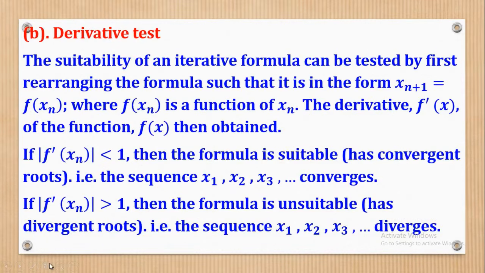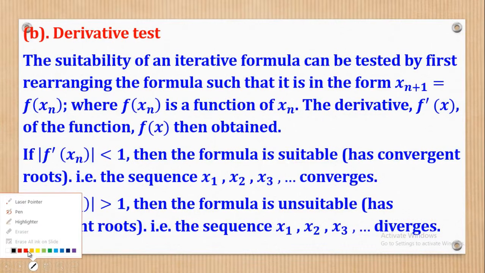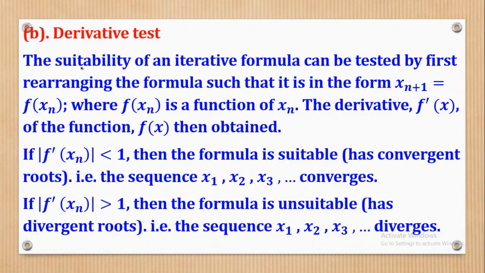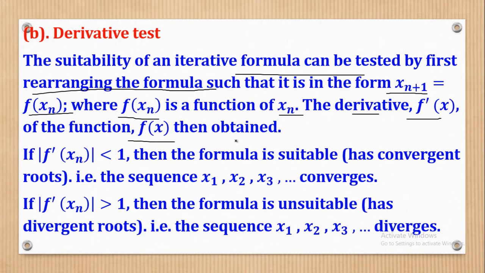So now we shall go to the derivative test. The suitability of an iterative formula can be tested first by rearranging the formula such that it's in the form this, where f(xn) is a function of xn. The derivative f prime x of the function is obtained.